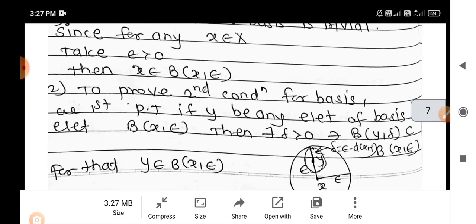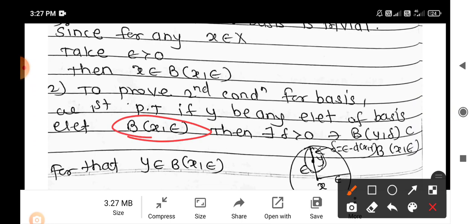To prove the second condition for a basis, we first prove that if y is any element of the open ball B of x comma epsilon, then there exists delta greater than 0 such that the open ball having radius delta is a subset of the open ball having radius epsilon.